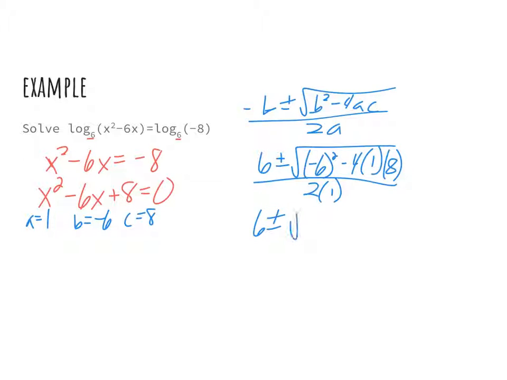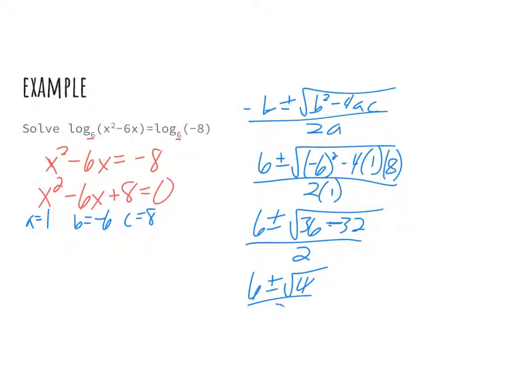Cleaning up under the square root, negative 6 squared is 36. 4 times 1 times 8 is 32. On the bottom, 2 times 1 is 2. 36 minus 32 gives me a 4. So I've got 6 plus or minus 2 over 2.